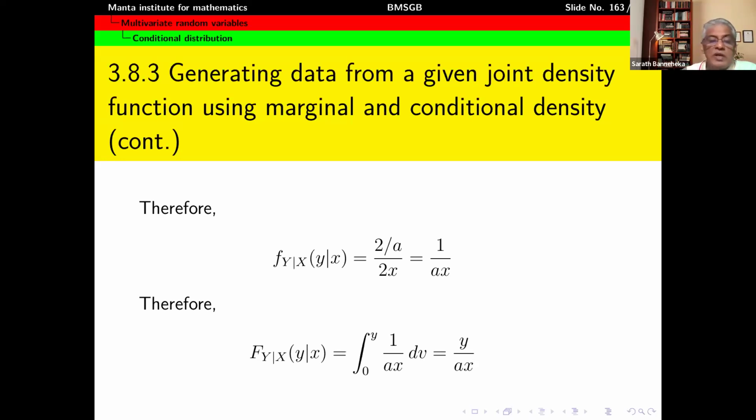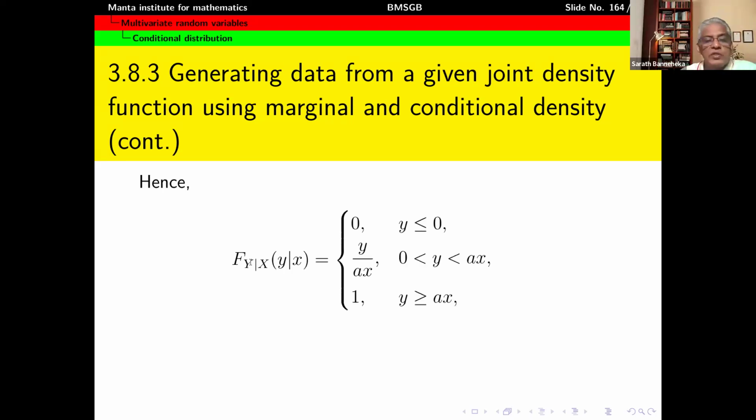Right. Now, if I want to generate data from this conditional distribution, what I have to do is find, first of all, the inverse of this function, and then take some uniform random numbers and transform those uniform random numbers using that inverse CDF. Then the resulting values will be numbers coming from this particular conditional density function. Right. So this is the conditional density function of y given x equal to simple x.